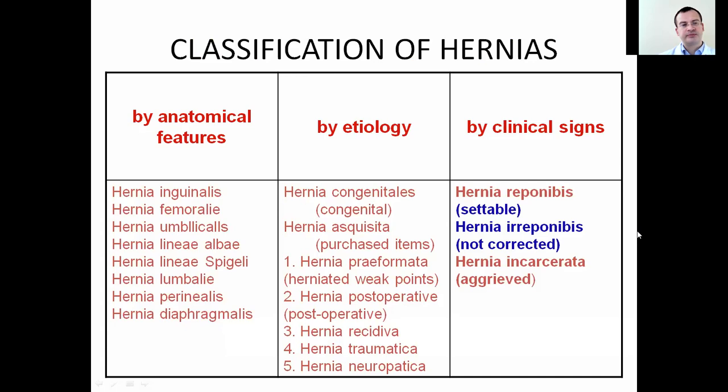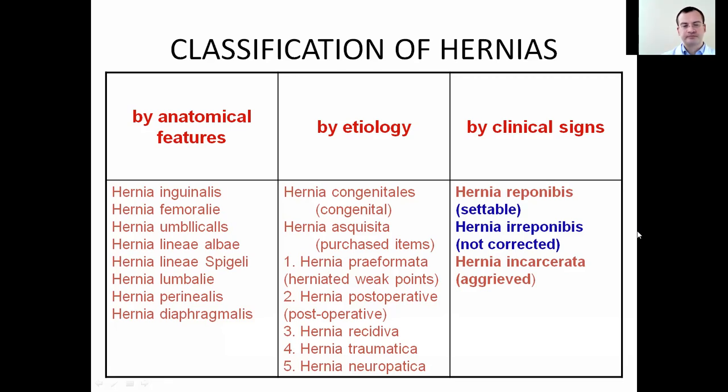Classification of hernias by anatomic features: hernia inguinalis, femoralis, umbilicalis, linea alba, linea spigelii, lumbalis, perinealis, and diaphragmalis.